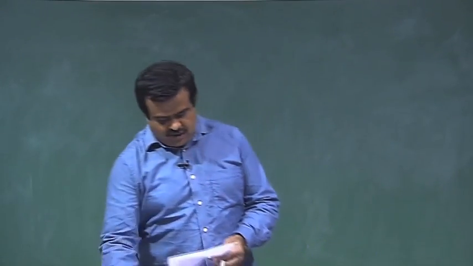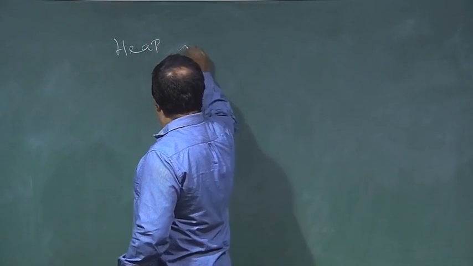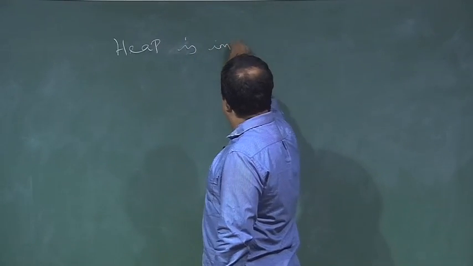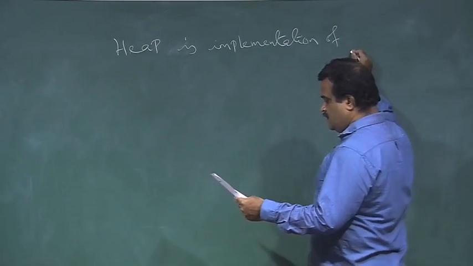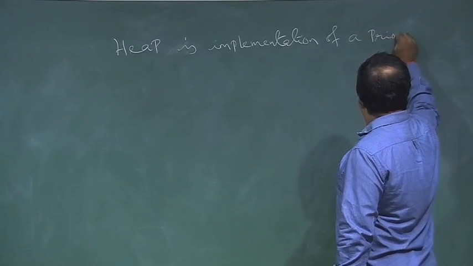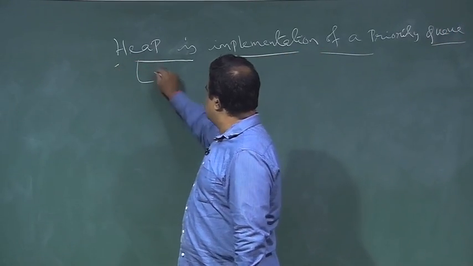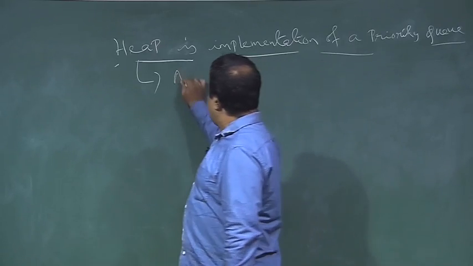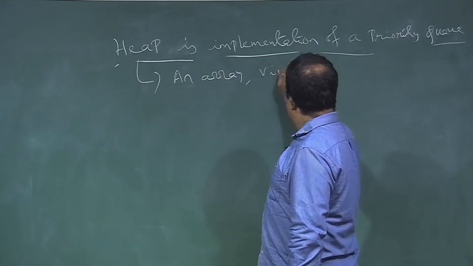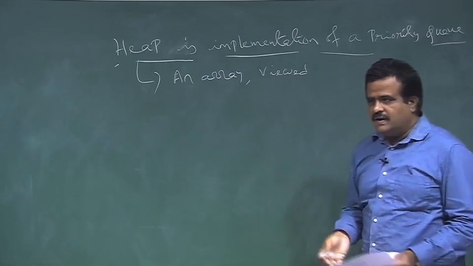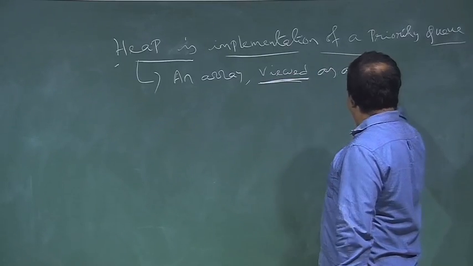So, heap is basically the implementation of a priority queue, that S. It is basically an array which is viewed or visualized as a nearly complete binary tree.